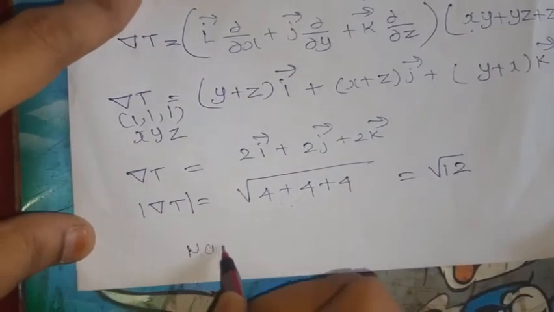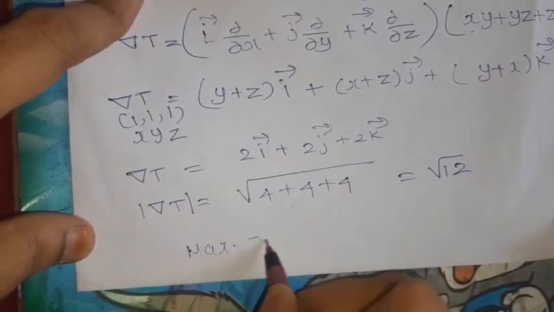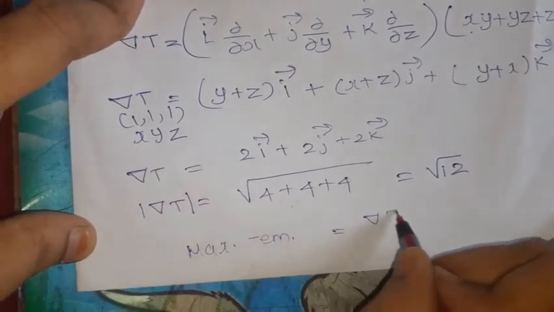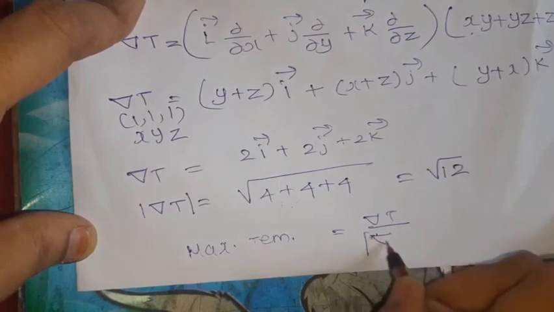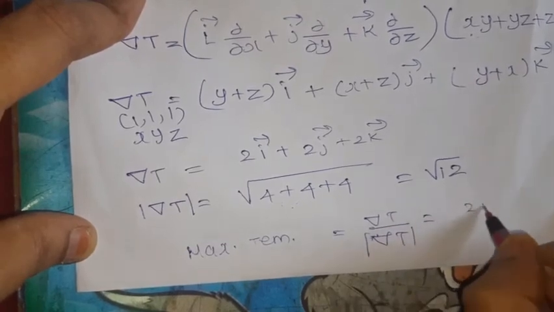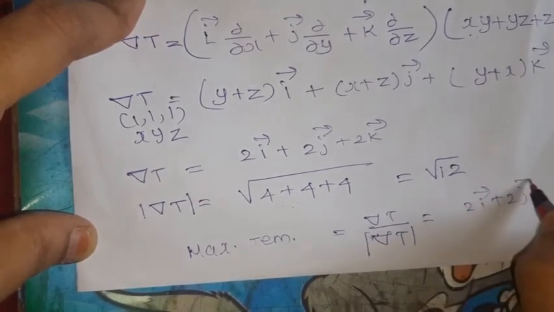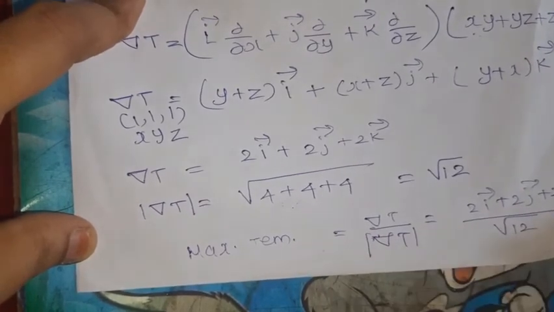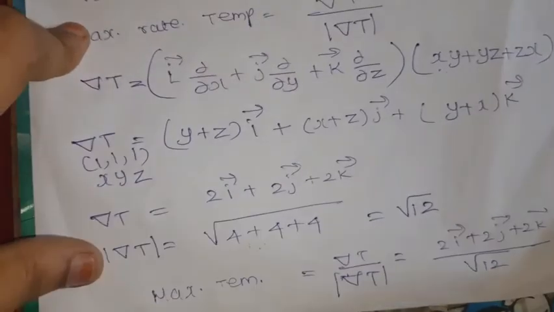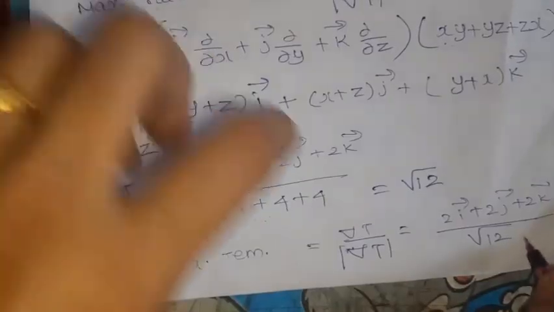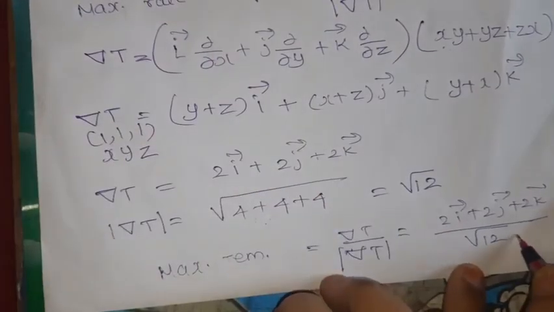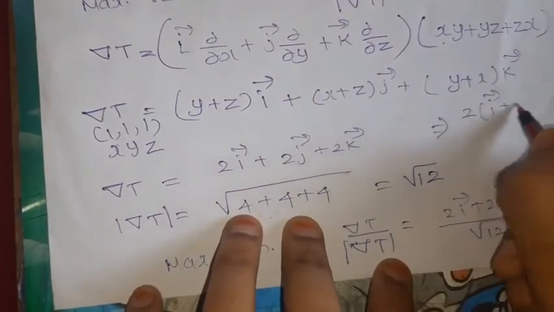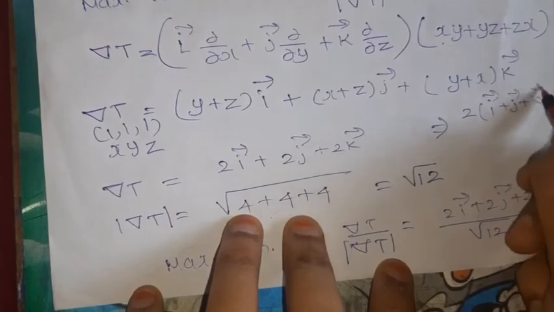So the direction of maximum temperature change from the given point is del T by modulus del T, so (2i plus 2j plus 2k) by square root of 12. So how can we simplify? In the numerator take 2 outside: 2(i plus j plus k).